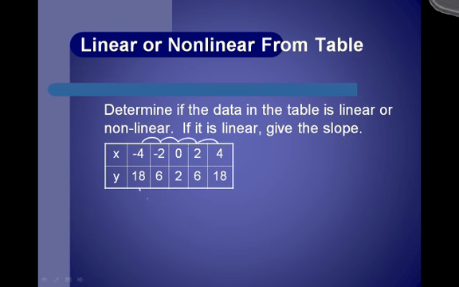The y values, the first time decreased by 12, then decreased by 4, then increased by 4. You notice it's not consistent, therefore there's not the same rise over the run pattern. So in this case, this one is nonlinear. We could also look at a graph and tell that the graph is not a straight line.